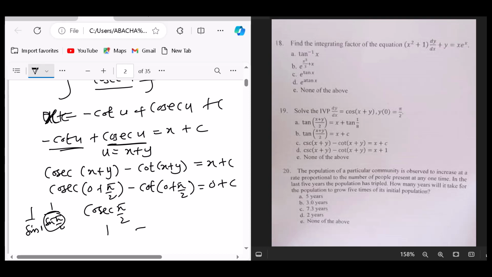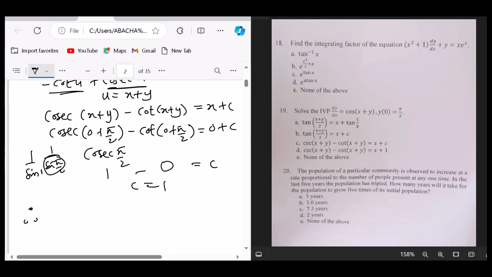Now cot is just cos over sine, okay, and so cos 90 over sine 90, sine 90 is 1, cos 90 is 0, so here is 0 equals c. So our c is 1.